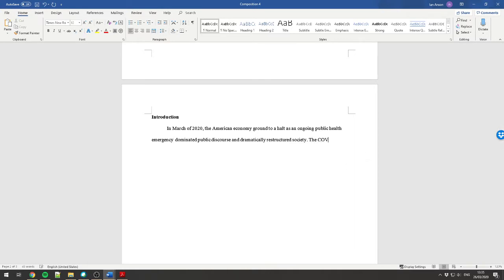The COVID-19 viral outbreak, which witnessed dramatic levels of contagion and a worldwide public health response, triggered governments from the municipal to the state and governments at all levels to respond with drastic and immediate action.